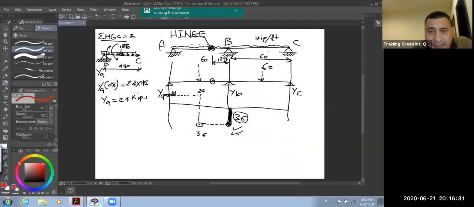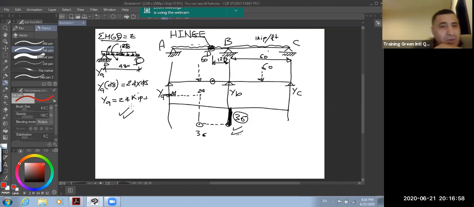The supports are A, B, C, and make the hinge D. So sigma moment at the hinge D equals 0. So that means you can calculate easily.